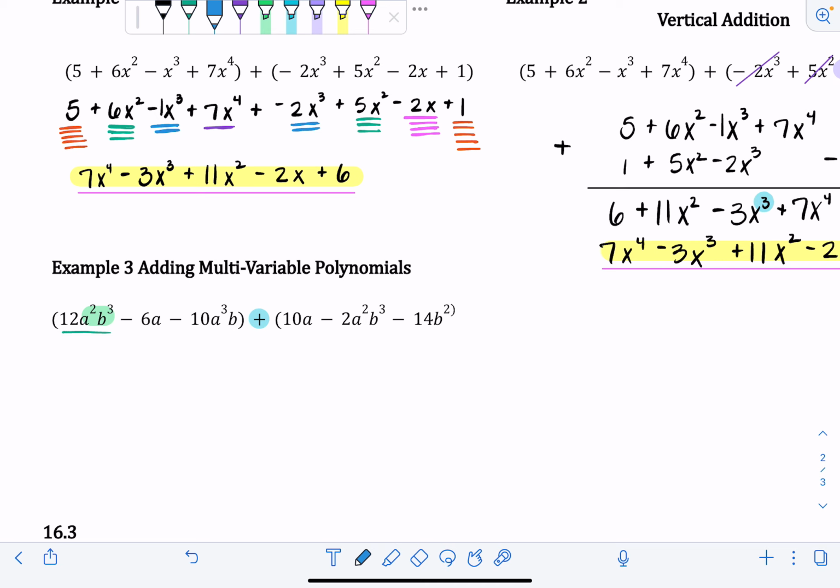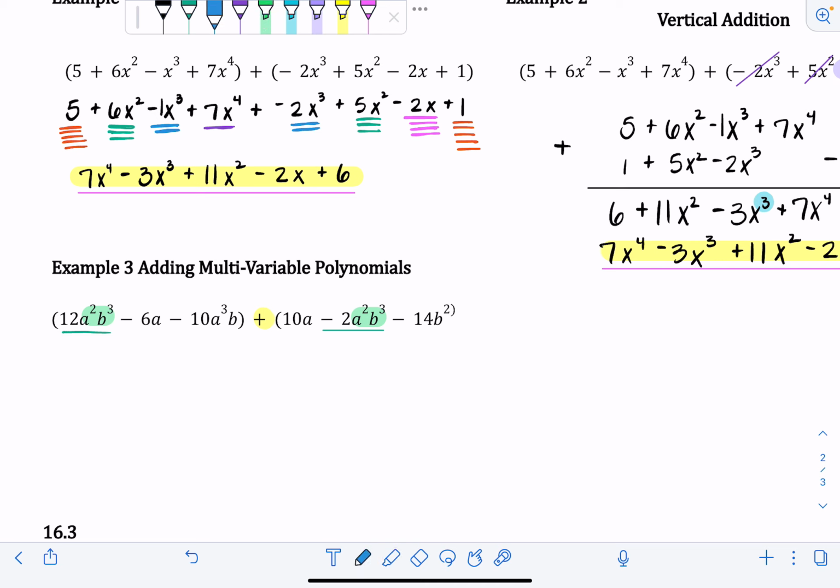I have this negative 2a squared b cubed over on the other side that has the same exact a to the second power, b to the third power. So that would make it a like term because it has the same exact variables with the same exact exponents.